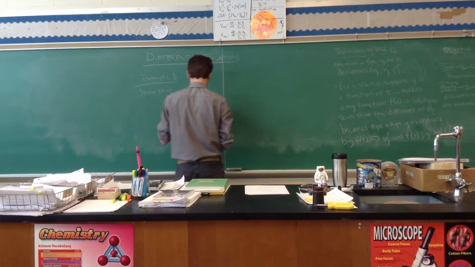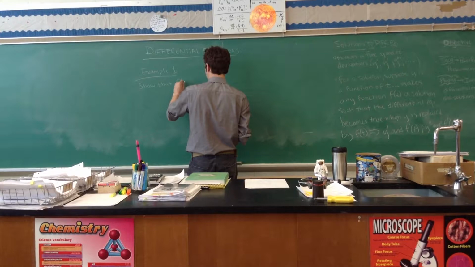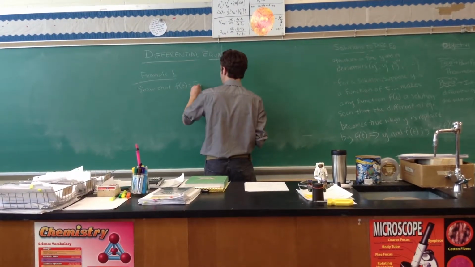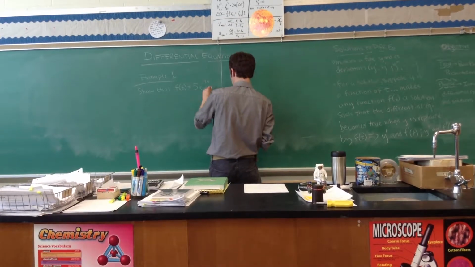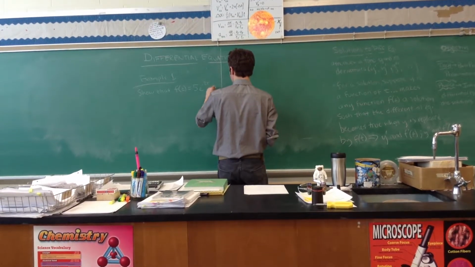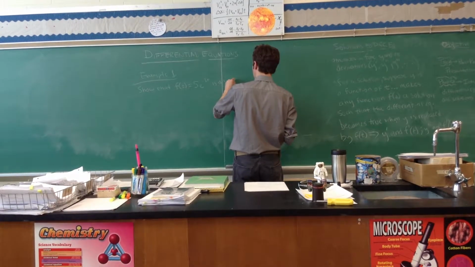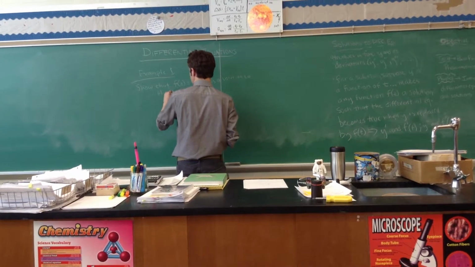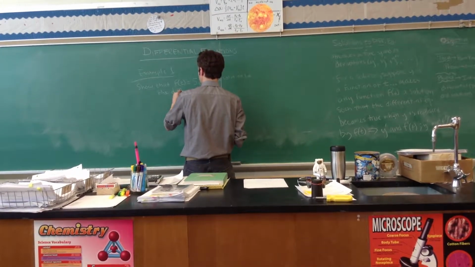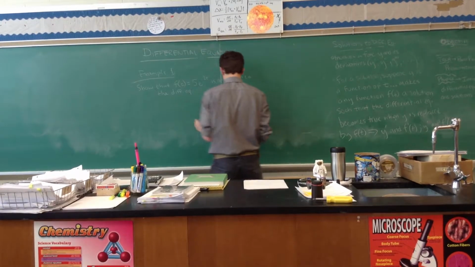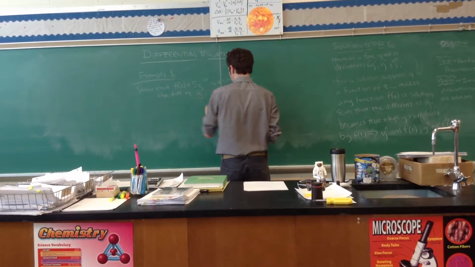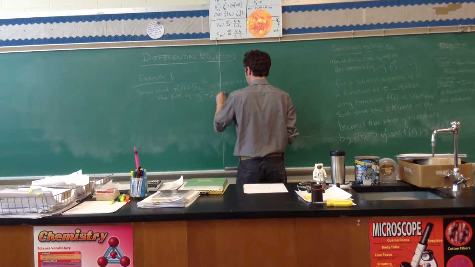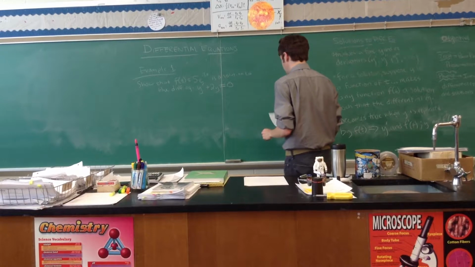Show that f of t equals 5e to the negative 2t is a solution to the differential equation y prime plus 2y equals 0.